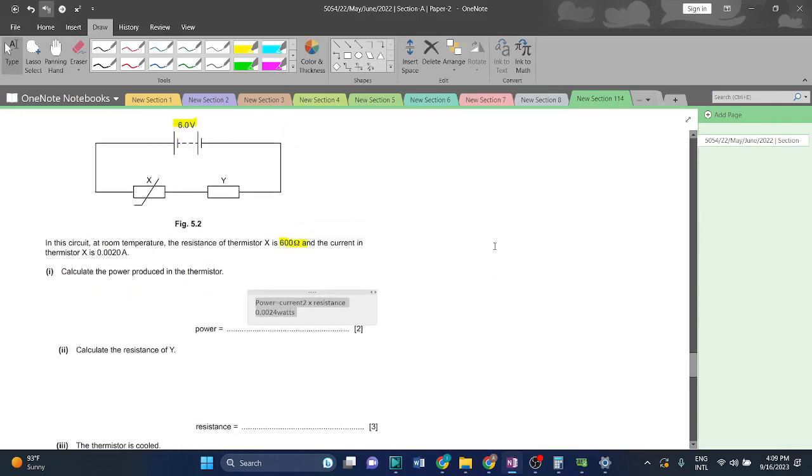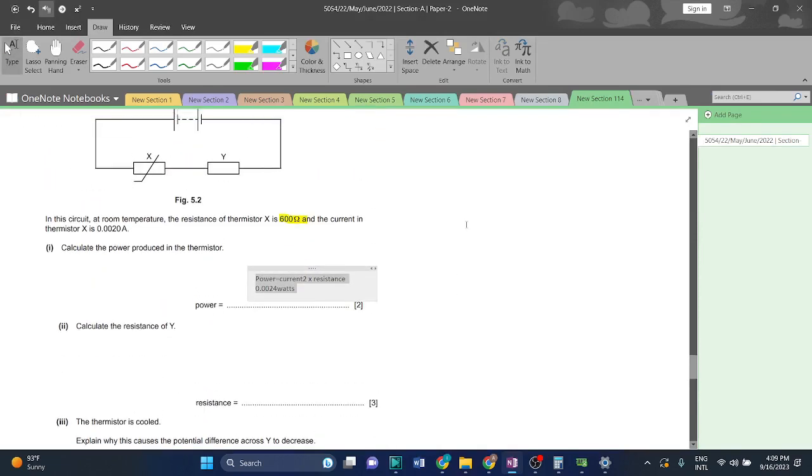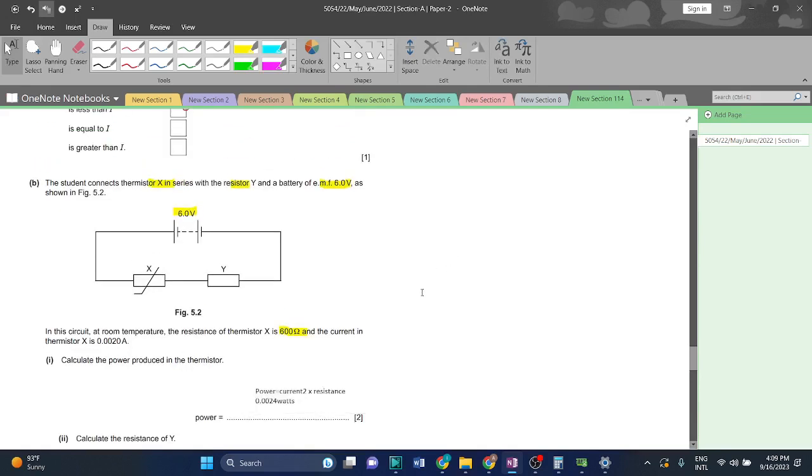Let's move ahead. Calculate the resistance Y. For us to calculate the resistance Y, first we'll have to calculate how much voltage X has consumed. Because straight away we don't know how much voltage is being used in X and how much in Y. So first we have to calculate how much voltage X has consumed.